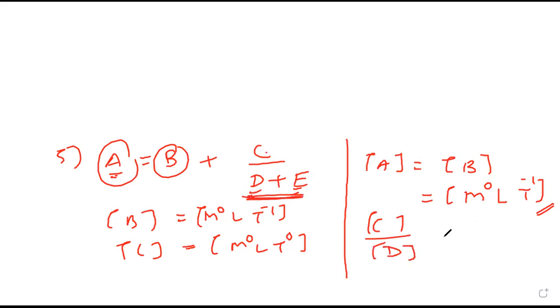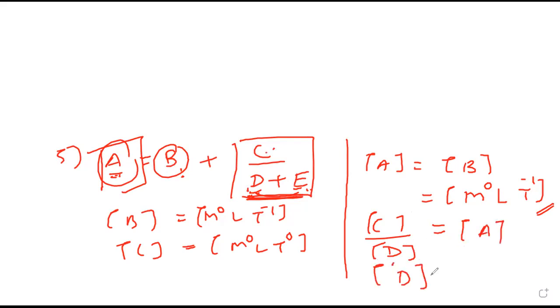So this whole thing is same as A or B. All are same. But numerator upon denominator, these two are added. So if this is suppose meter plus meter, I will get meter. So only D I have written. C upon D is same as A. Therefore D will be same as C upon A.